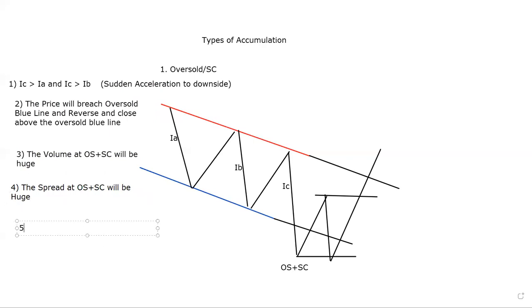And what is the fifth characteristic? The close of the oversold selling climax bar will be at least 25% above the low of that bar.